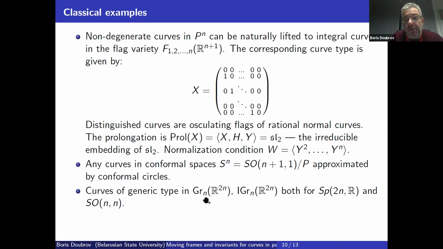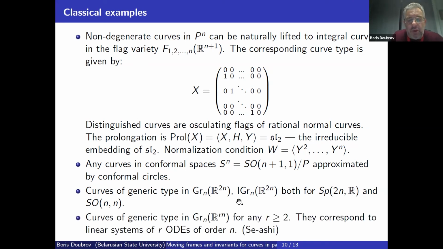So it's curves in the n-dimensional isotropic Grassmannian, isotropic n-dimensional subspaces in R2n, where R2n can be viewed under the action of Sp2n or SOn,n. In all these cases, we have the theory that works very nicely, where the prolongation of X is reductive.